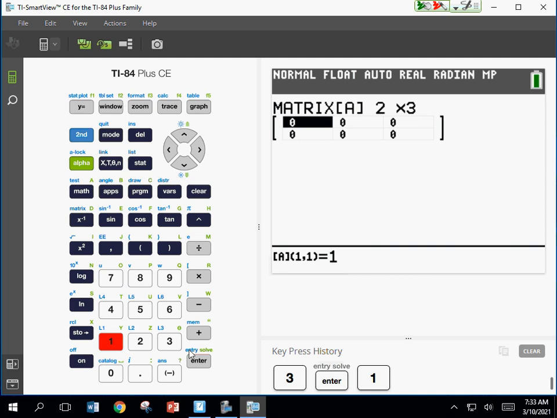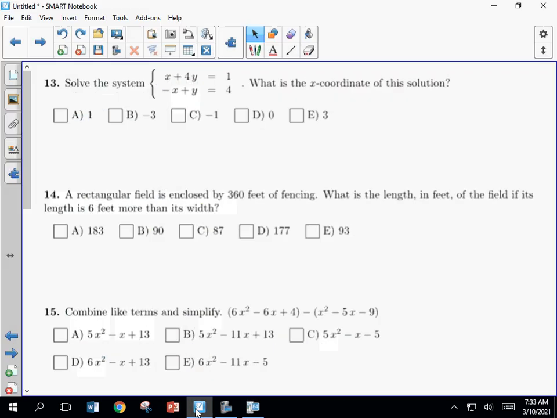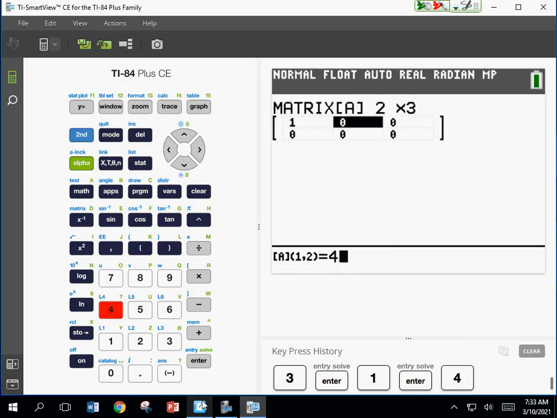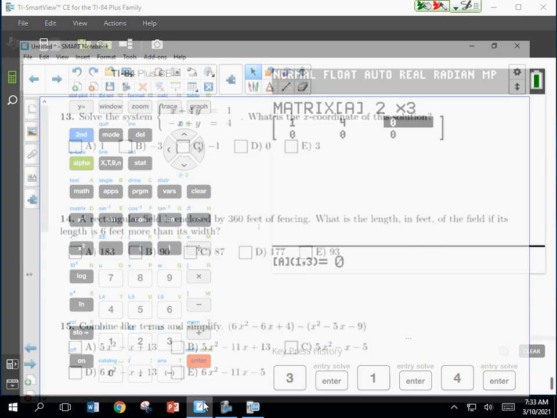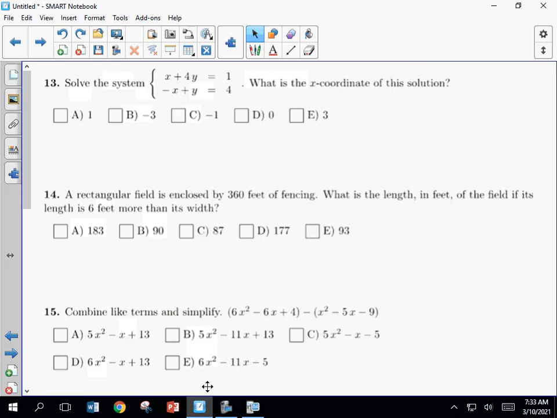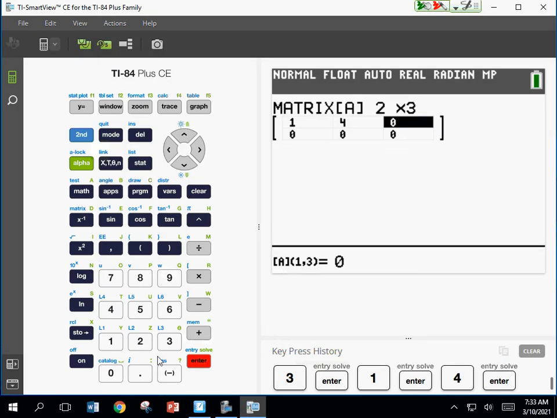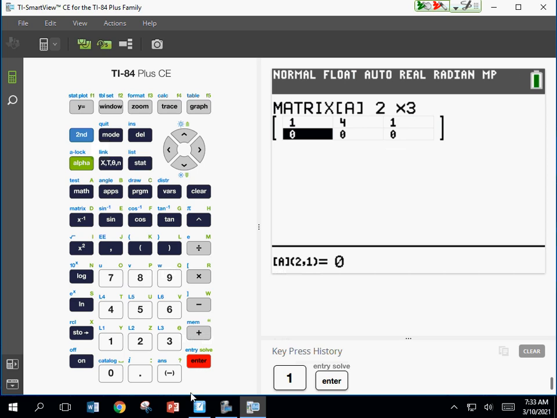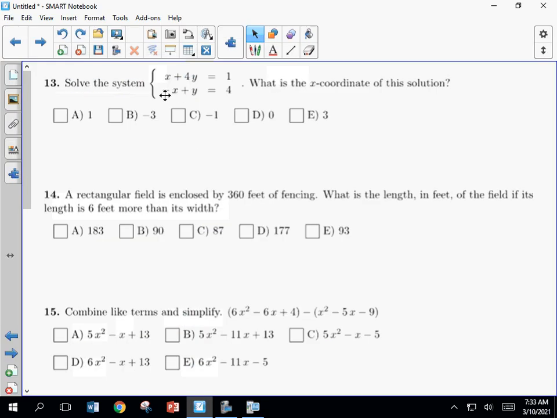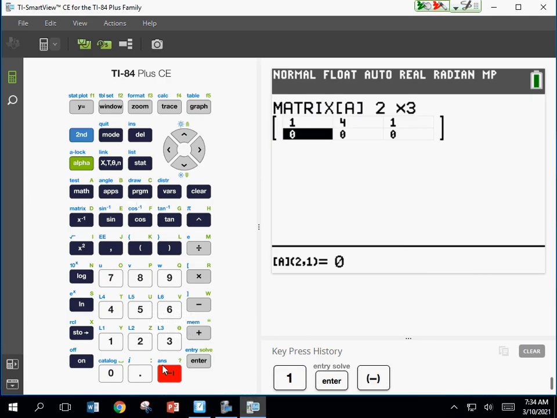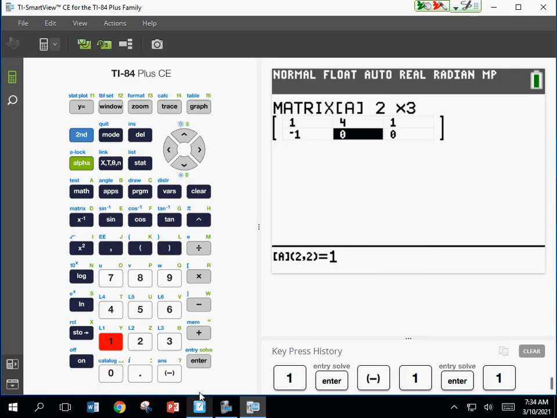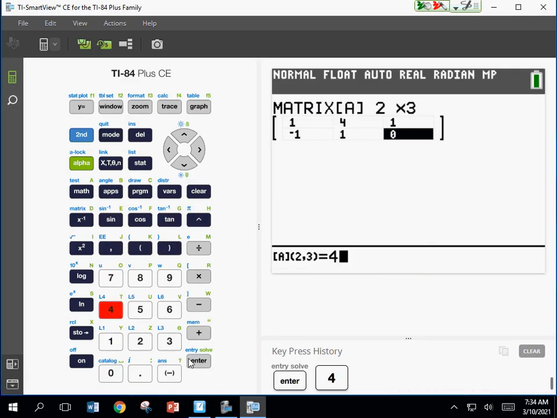So 1, hit enter, takes you to the next one. Then 4, hit enter. And then the last number, 1. And then you start over, bottom row. Negative 1. Make sure you hit negative and not minus. And then 1. And then 4.